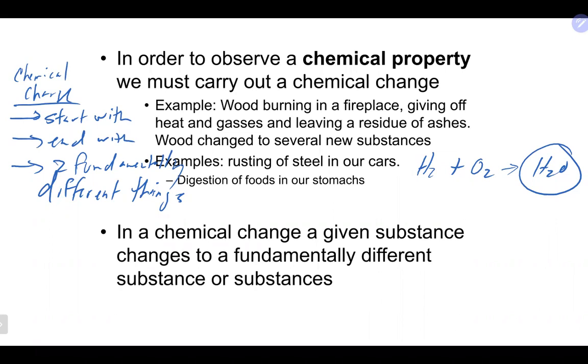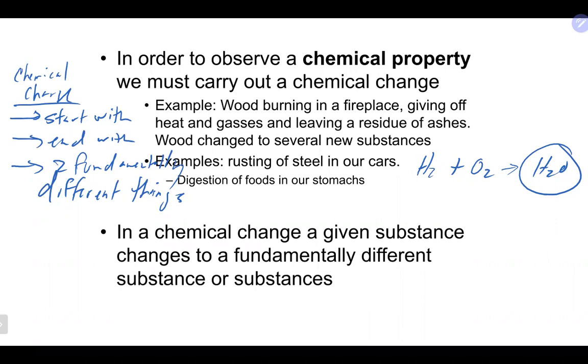So physical changes, what we start with and what we end with, are basically the exact same thing fundamentally. Chemical change, what we start with and what we end with are two fundamentally different things. And you can't really get back the original substances without going through another chemical reaction.